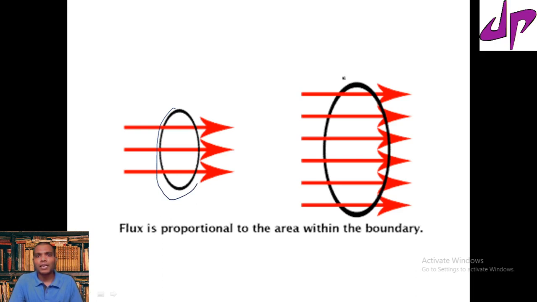Here the surface area is more. If the surface area is less, then through the surface area the number of lines flowing is also less. If you increase the surface area, the number of lines of force also increases.